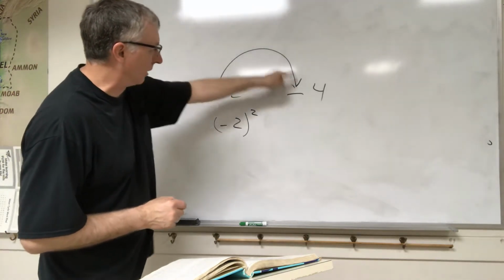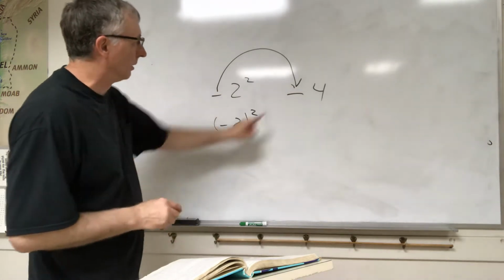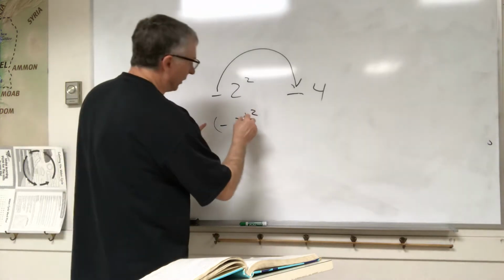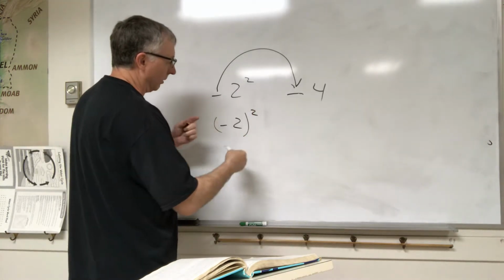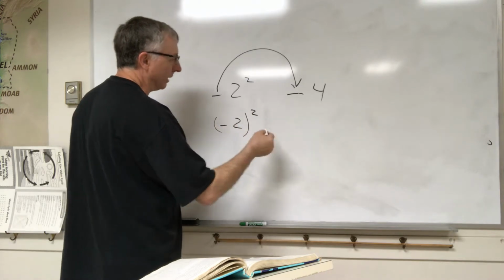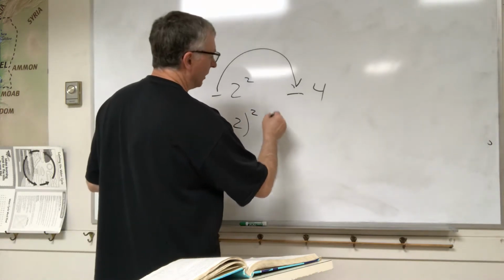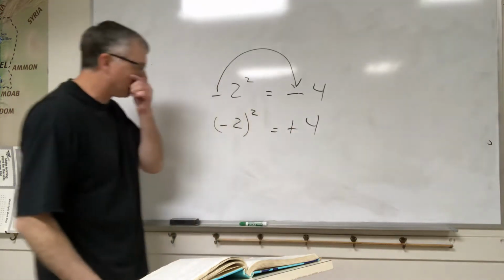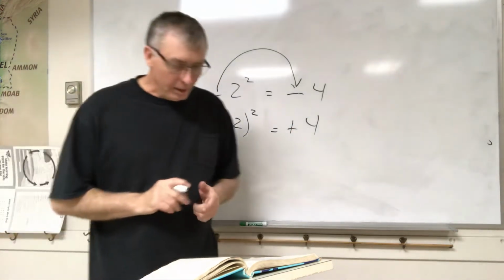The negative sign goes in the back, in front of this number. In this case here, then I am squaring everything that is inside parentheses. And so a negative 2 times a negative 2 is equal to a positive 4.